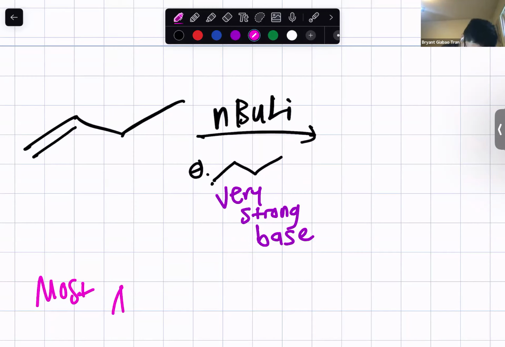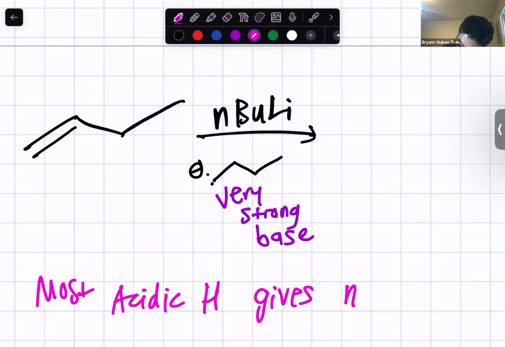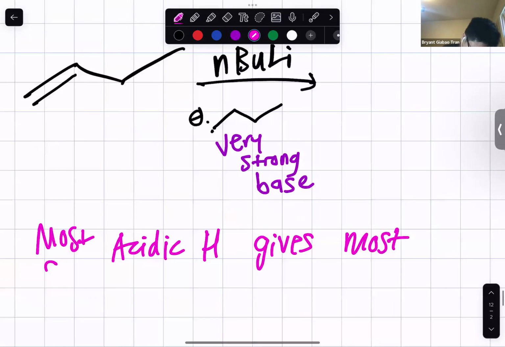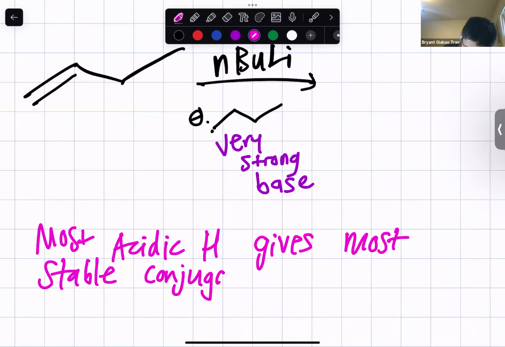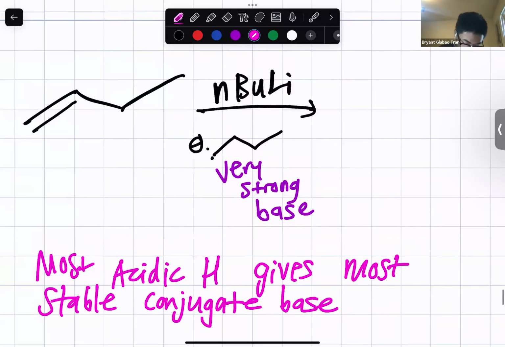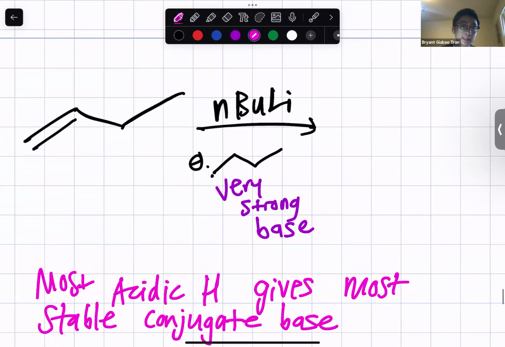Most acidic hydrogen gives most stable conjugate base. Whenever we deprotonate a carbon or some kind of acid, it gains a negative charge. So we have to look at which position will give us the more stable negative charge, which is going to be the allylic position here.